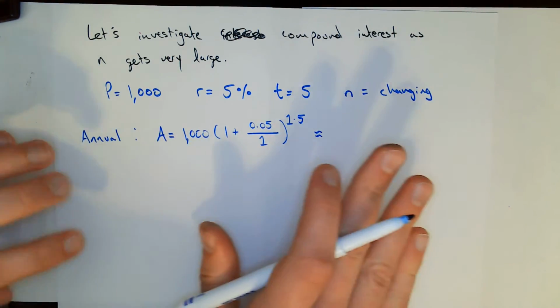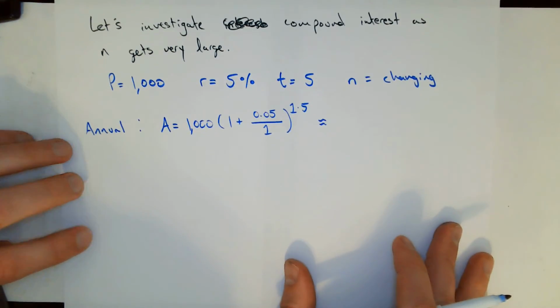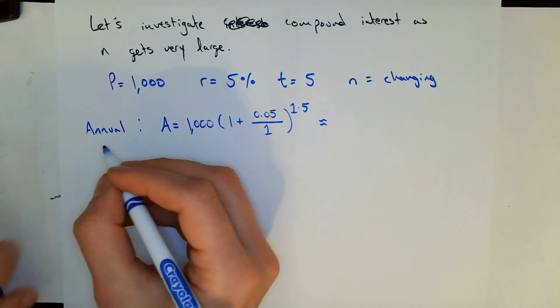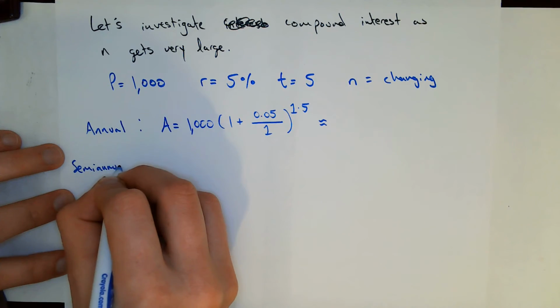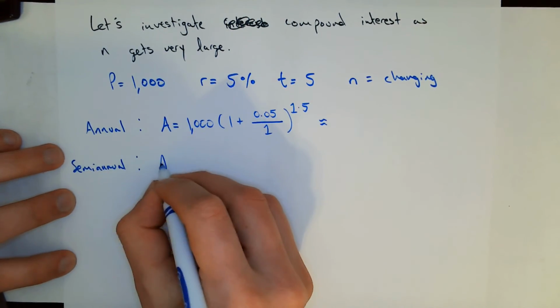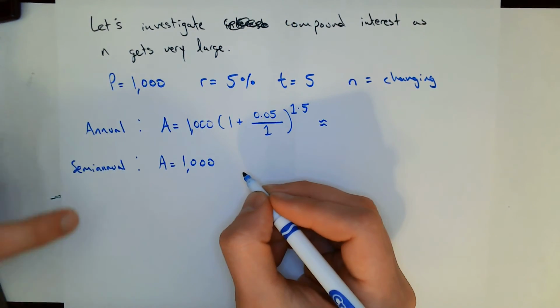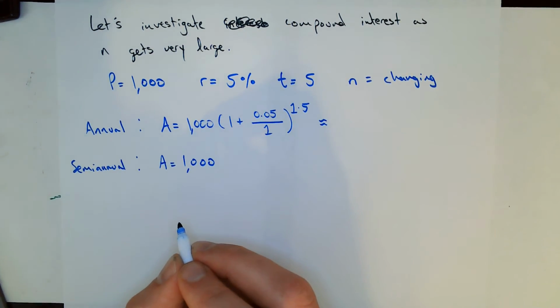Give me a minute, let me write them down. Let me write down a few of them, and then I'll go do all the calculations. I'll do semi-annual. Semi-annual means N is going to be 2. By the way, all these annual, semi-annual, weekly, monthly, quarterly, all of that is on a table on page 474.